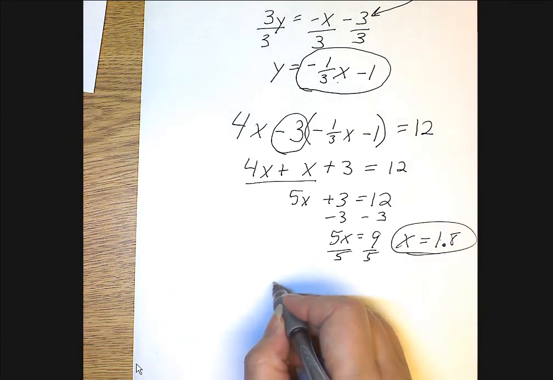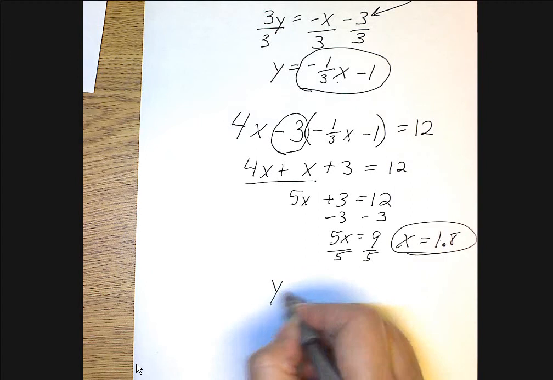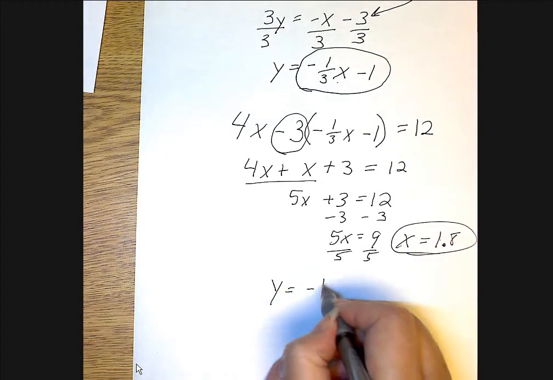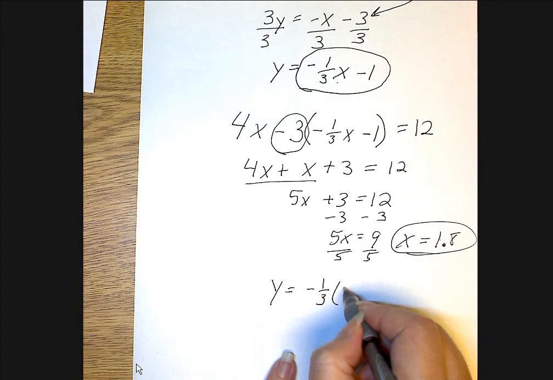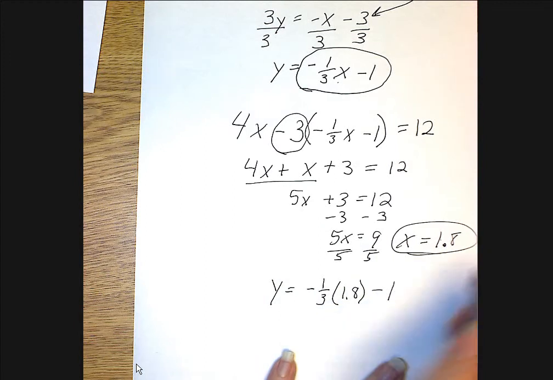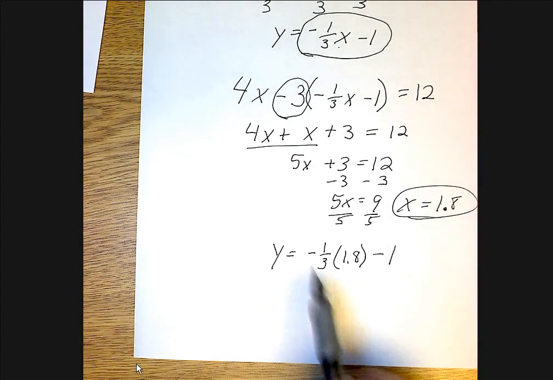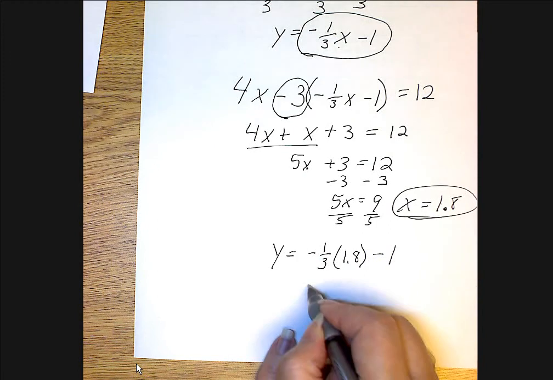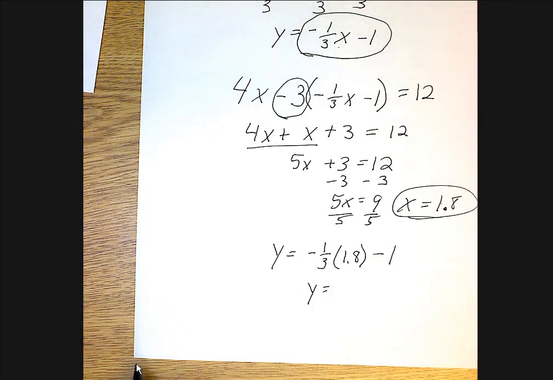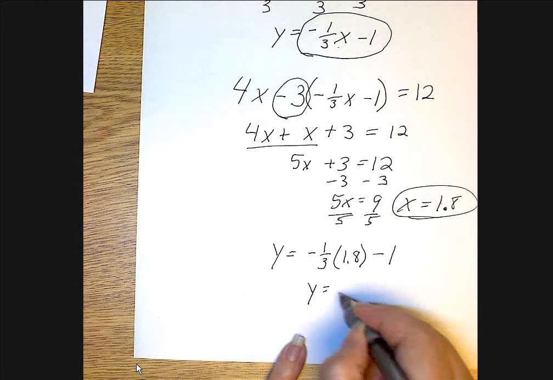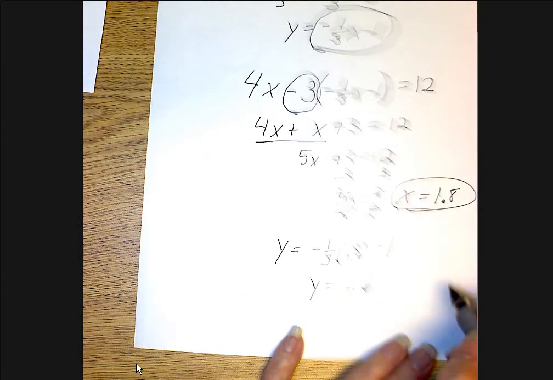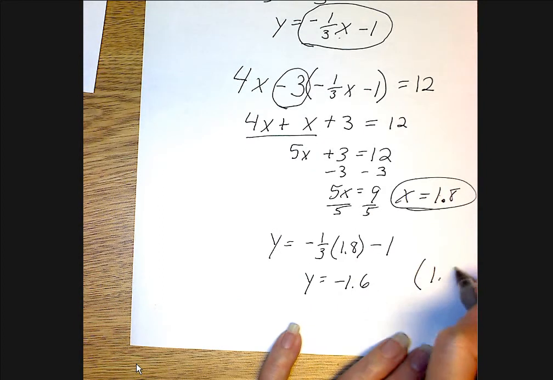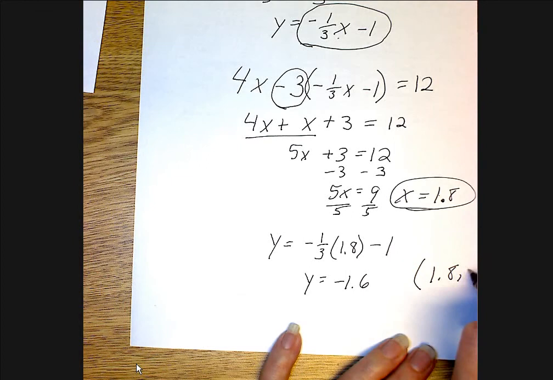So we have y is equal to, we'll just do it to that one, negative 1/3 times 1.8 minus 1. In your calculators, put that in. Negative 1 divided by 3 times 1.8 minus 1. See what you guys get. Negative 1.6. So our point is 1.8 comma negative 1.6, right?